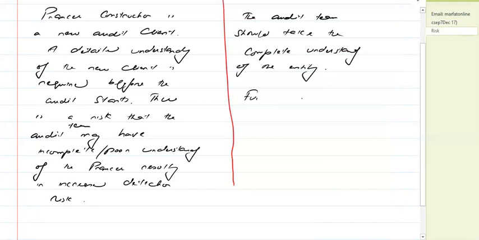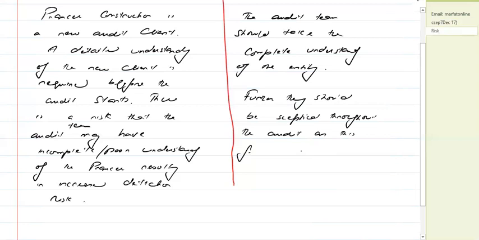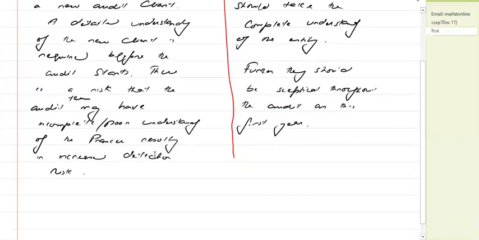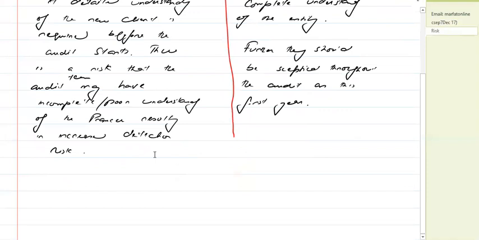Further, they should be skeptical throughout the audit, as this is first year. Now this is the response. The audit team should take the complete understanding of the entity, and further you can write as well, but there's no need to write too much, but I'm writing for you. If you forget one, you can write the other.